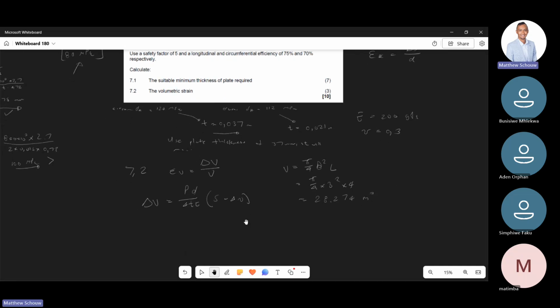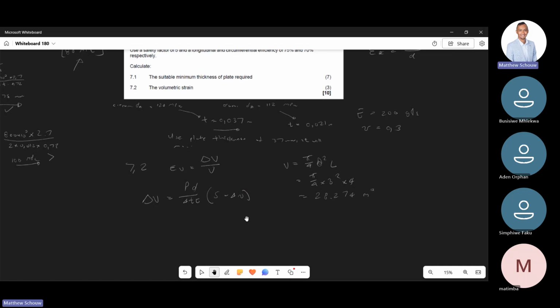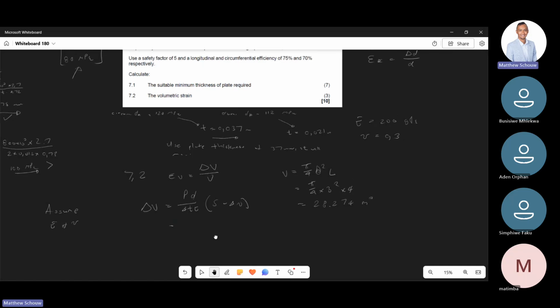It possibly means that we need to use another approach. They want us to use the other one. So we're assuming E and that. The pressure was given as 2.2.